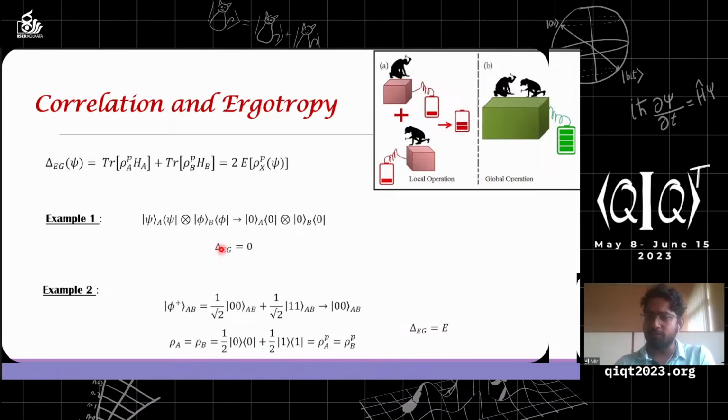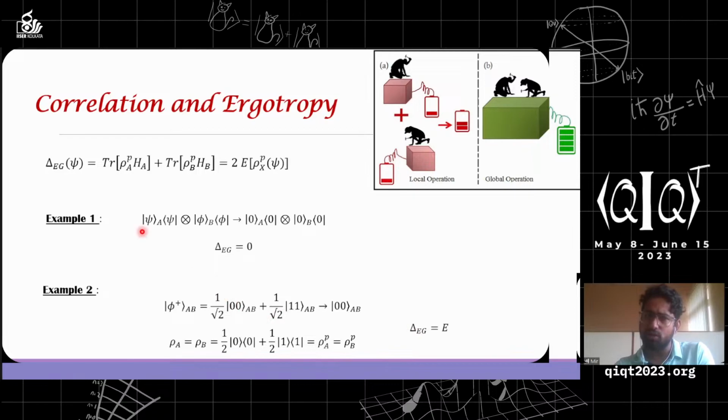So at least for pure product states and pure entangled states, I can look at the gap and say if it is 0, then it is separable, and if it is not 0, then it is entangled. But that comment is only valid for pure states. Now the question is why this is non-zero.